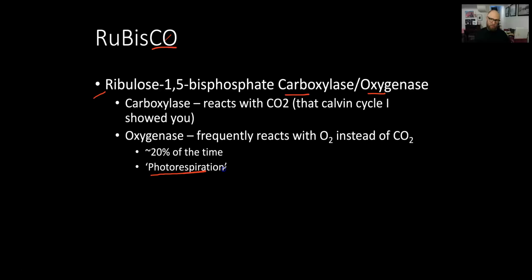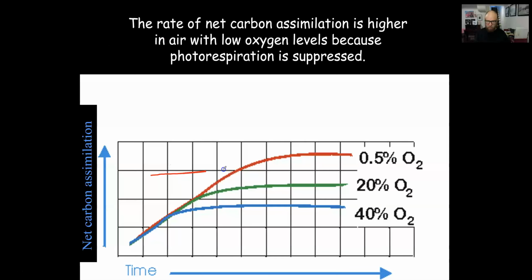It also produces a product that is toxic to the leaf, and under normal situations, it's not a problem. The leaf can take care of that toxic compound. But if photorespiration starts happening very frequently, then that can actually cause a problem and start shutting down other physiological processes. So let's look at that briefly.